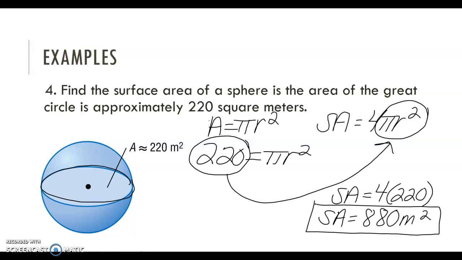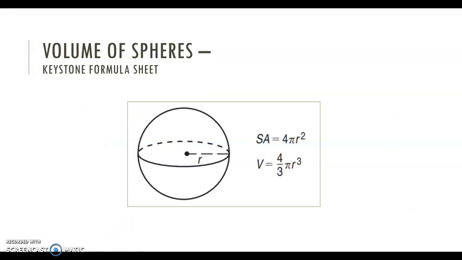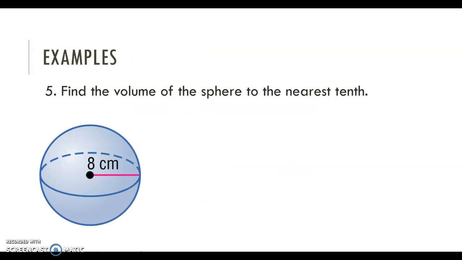Okay, let's move on to volume of spheres, and we also are going to be looking at volume of hemispheres. So looking at our Keystone formula sheet, here is our volume formula, 4/3 times pi r cubed. So we haven't seen r cubed yet, so we got to keep in mind that this is going to be r cubed. So we're going to find the volume of this sphere to the nearest tenth. 8, since it's starting at the center and extending to the side, that is our radius.